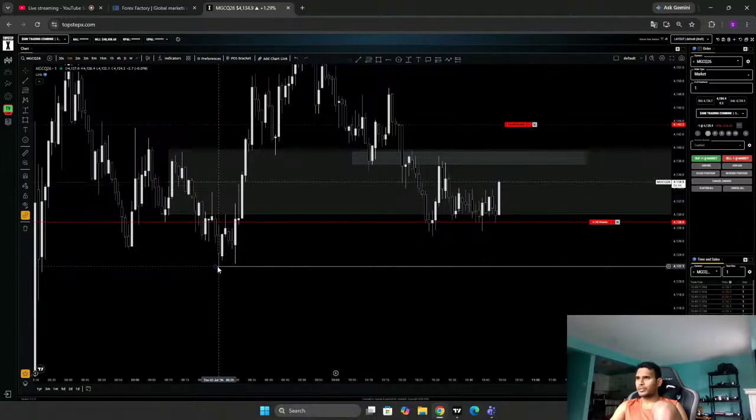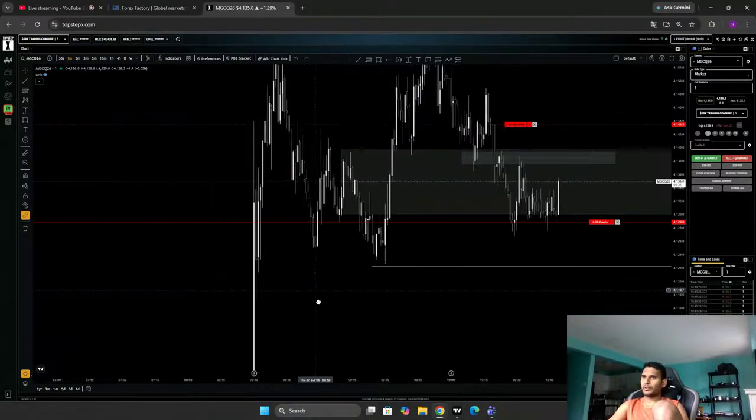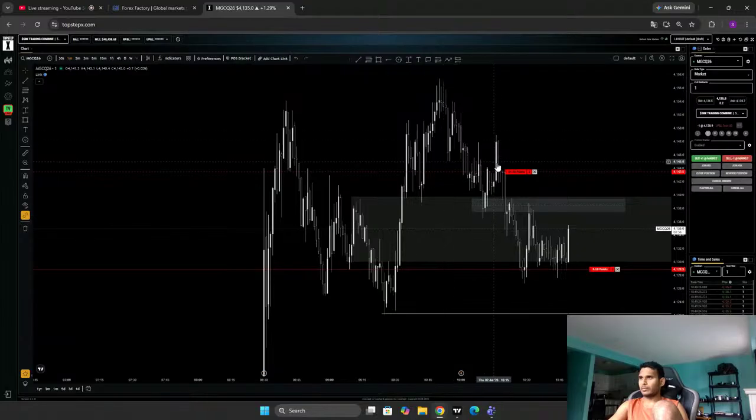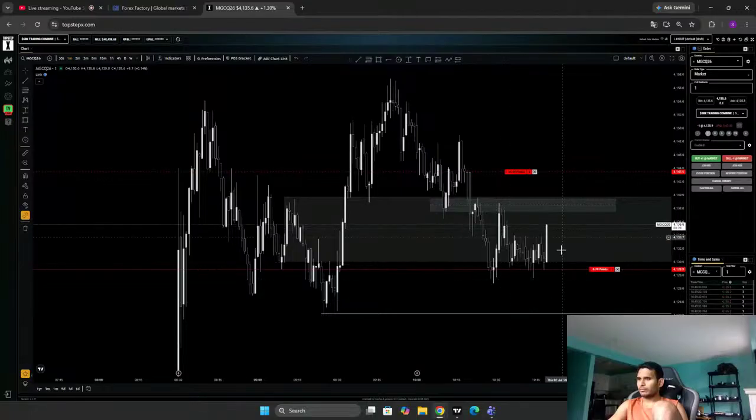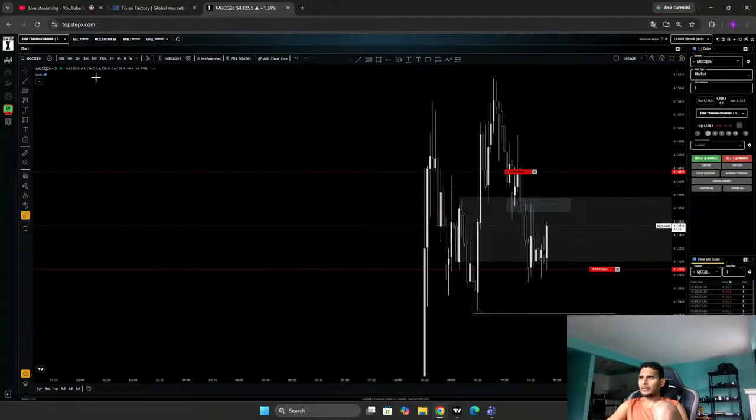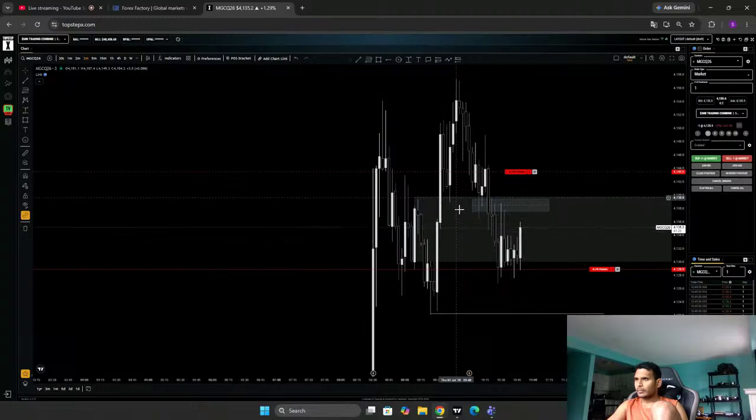This low needs to get breached in order to look for direction, in order to look for selling entries. Until then, we need to look for buy. Okay, and a really good break. We just press on top, fail to breach this low, fail to breach this low. My goal is to see what is going to happen here. This is the kind of level everyone rejects and drops lower.